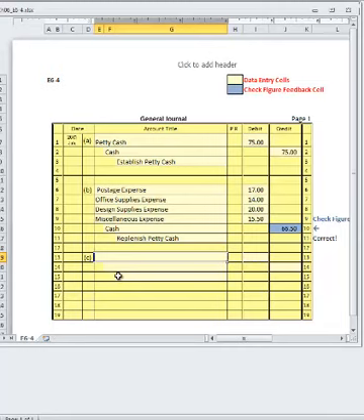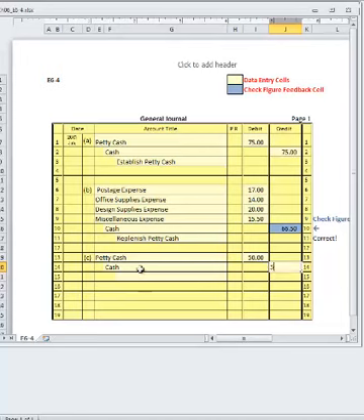Okay, so Donna has decided that the $75 that she initially set up was not enough money. So she is going to increase her fund, and to do that, all we will do is debit petty cash by the amount that she wants to increase the fund, an additional $50, and we'll credit cash for $50, and our explanation will just be to increase the petty cash fund.